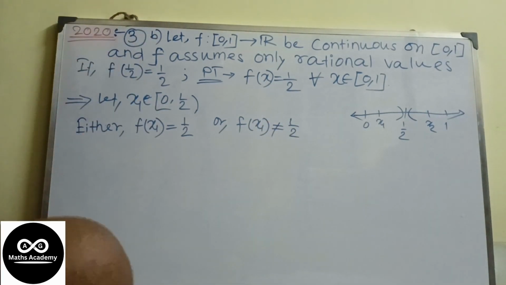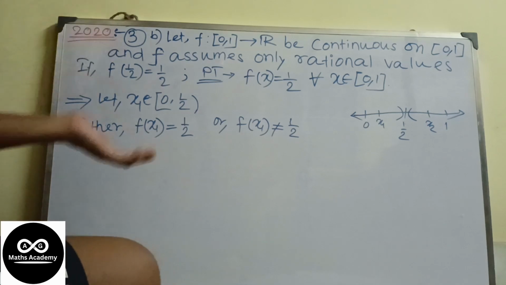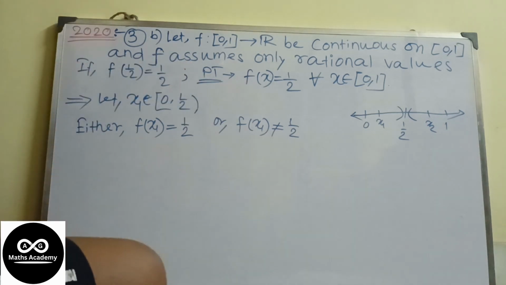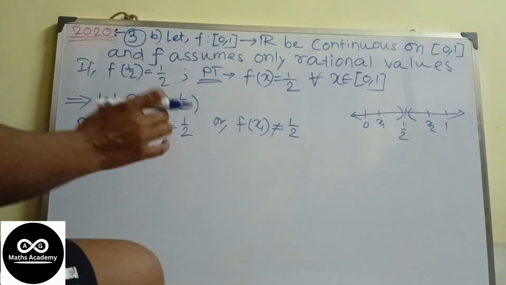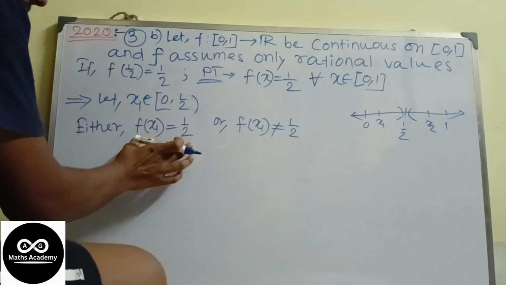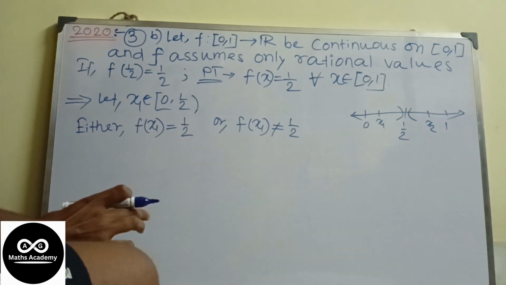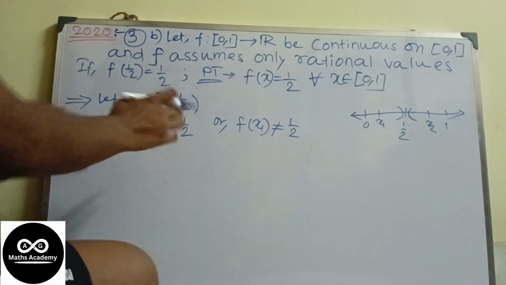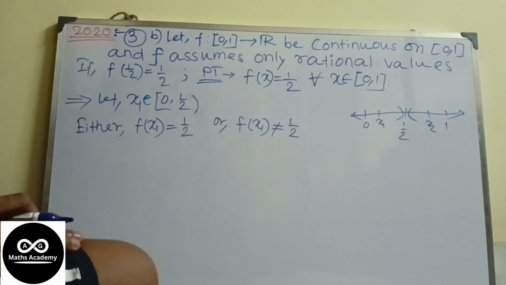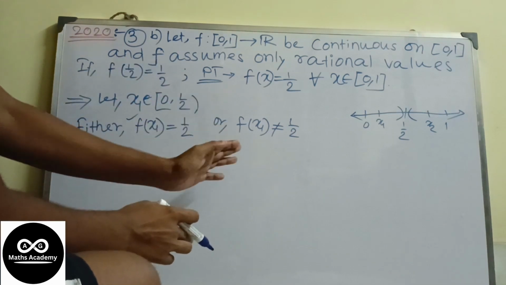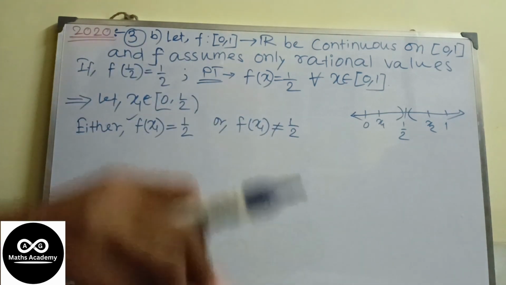So if f of x1 is half, okay, we get what we have wanted. But if f of x1 is not equal to half, then what are we going to do?